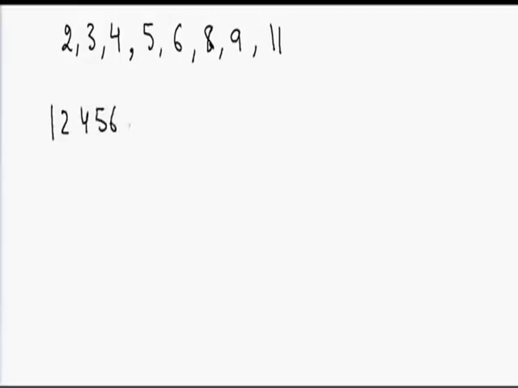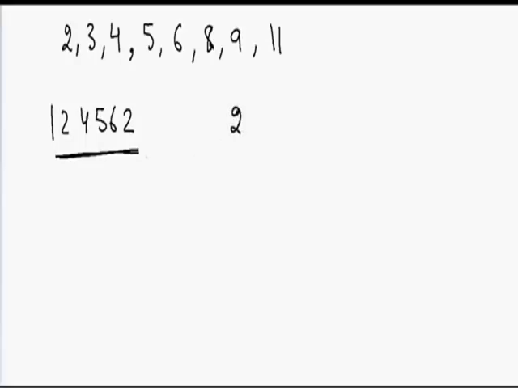Suppose we have a large number and we want to find out whether this number will be evenly divisible by either 2, 3, 4, 5, 6, 8, 9 or 11. So how will we find that out? Let me begin with an example. Suppose I have the number 124562 and want to find out whether this number is divisible by 2.